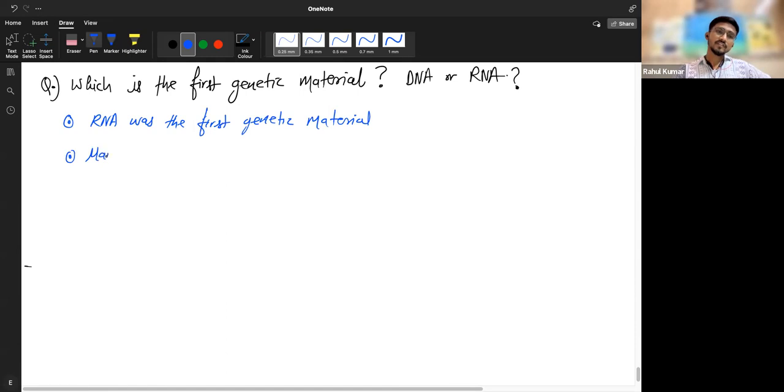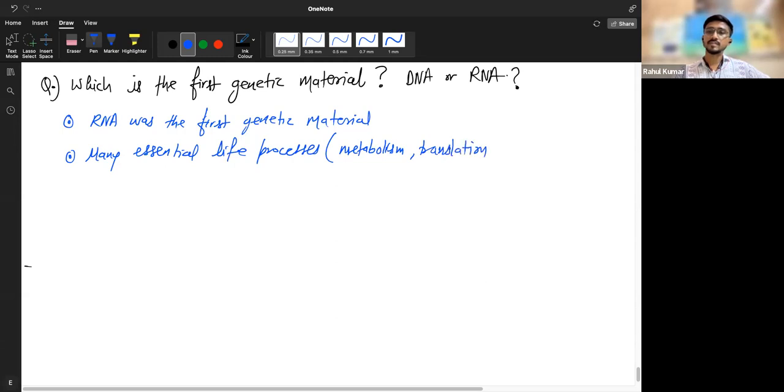Many essential life processes, for example metabolism and translation, which is protein synthesis, etc., have evolved around RNA.